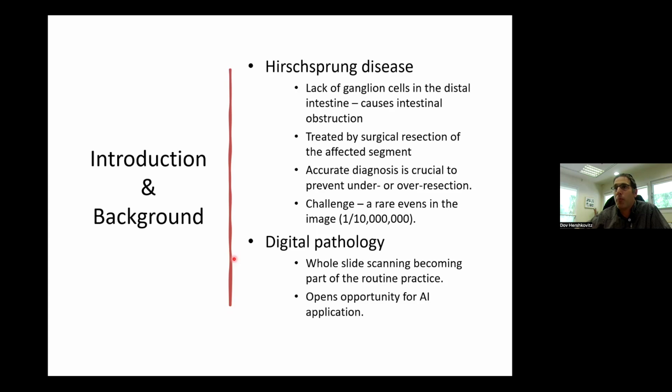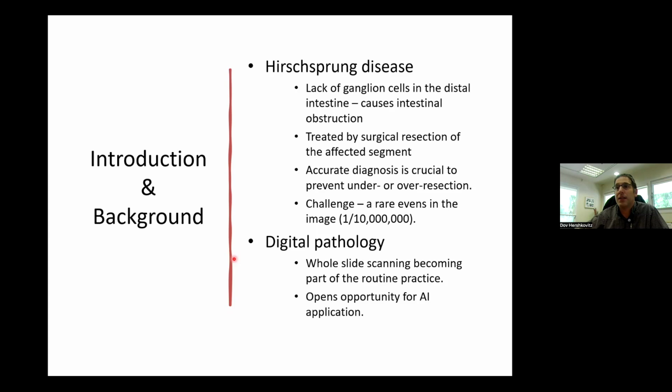The recommended number of slides is really dozens, like 70 cuts from the tissue, and the size of ganglion cells is like 1 in 10 million of the entire area that the pathologists need to screen. So it's a big challenge for pathologists.